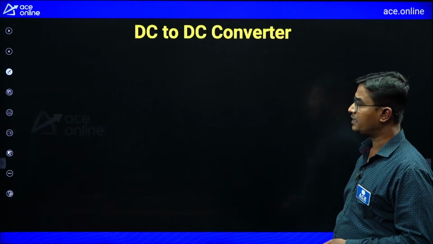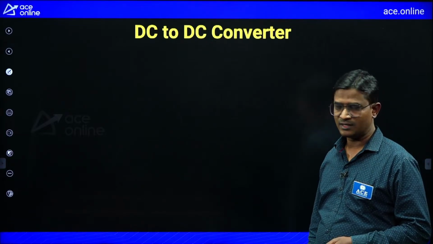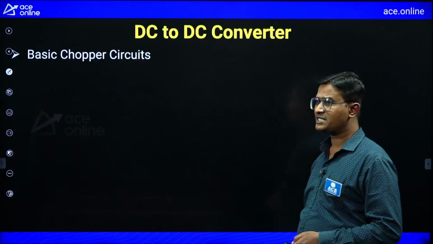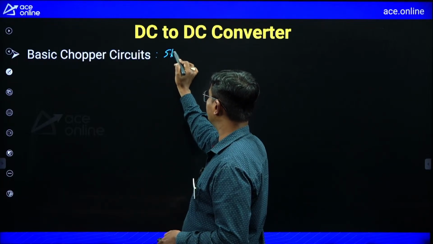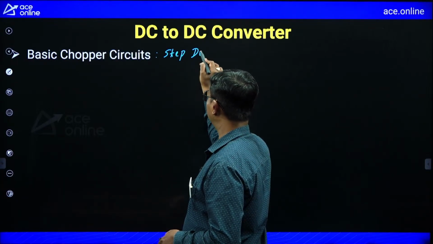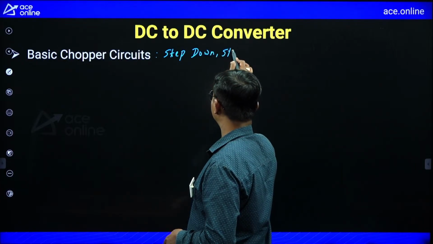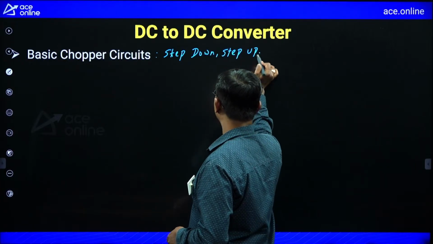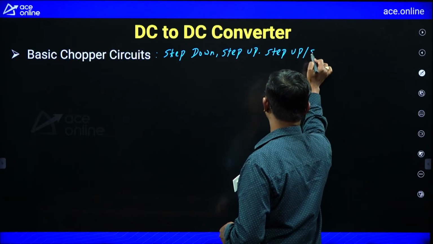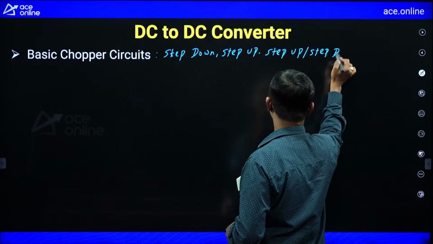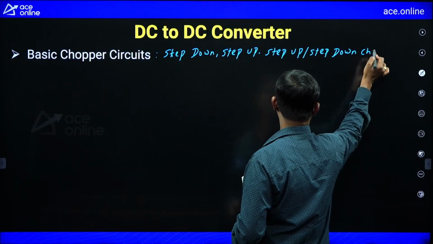Next, DC to DC converter. In DC to DC converter, the basic chopper circuits are step down, step up, and step up-step down. These are the three basic chopper circuits.